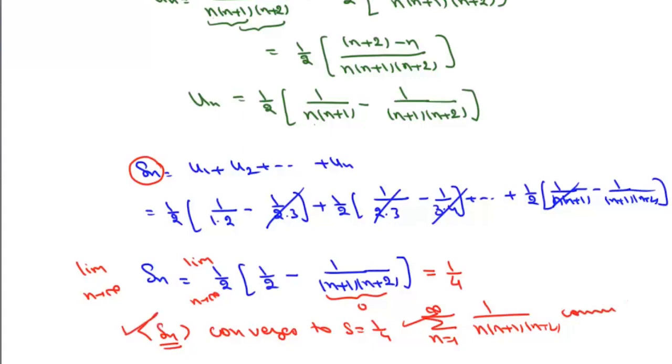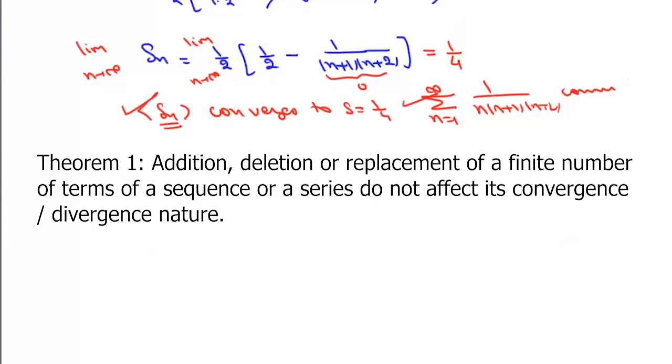Now before we begin our discussion on various tests to find convergence of series, there are two theorems that we must know. Theorem 1 is: the replacement, addition or omission of a finite number of terms from an infinite series has no effect on convergence.